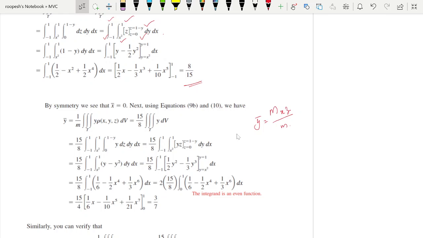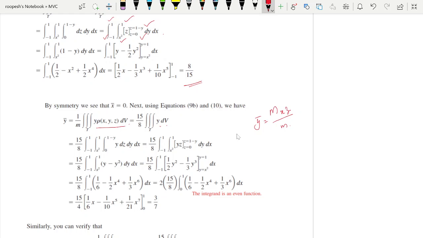And what is Mxz? Mxz means the triple integral over T of y into rho(x,y,z) dV. So we are finding that here. M is 8 by 15, so 1 by m becomes 15 by 8, into y into rho(x,y,z). Since it is uniform, we get y into dV.